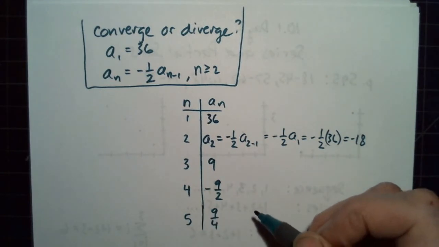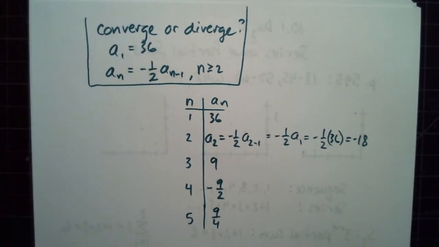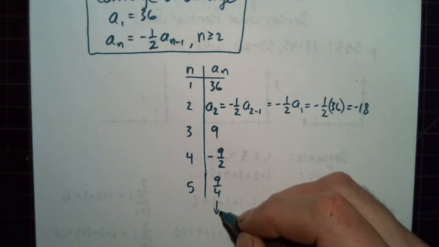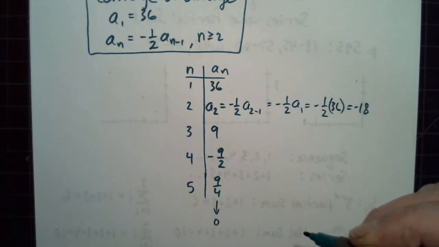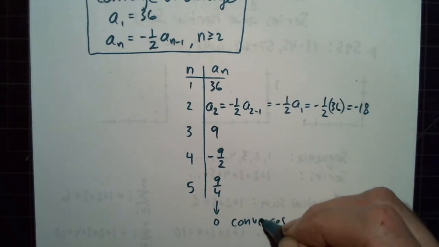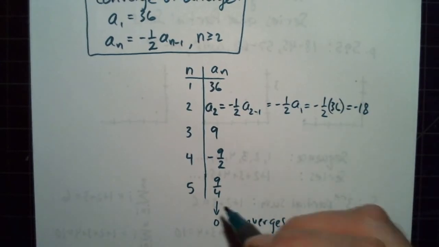And we can see that the denominator will continue to increase and the numerator stays 9. And that means this is approaching 0. And that means it converges. The sequence converges.